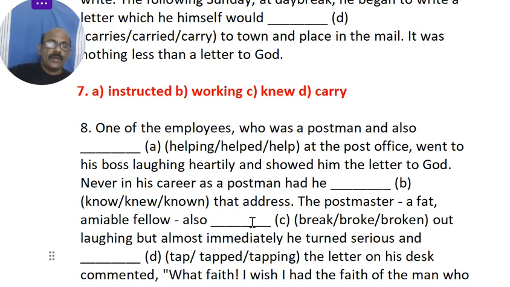The postmaster also dash out. It is obviously past tense, that is, broke out, laughed a lot. He turned serious and dash. So here he turned serious and dash. That is tapping the letter on his desk, commented. Tapping, keeping, so like that, commenting. What faith, he also wrote like this. That's, he wondered really.